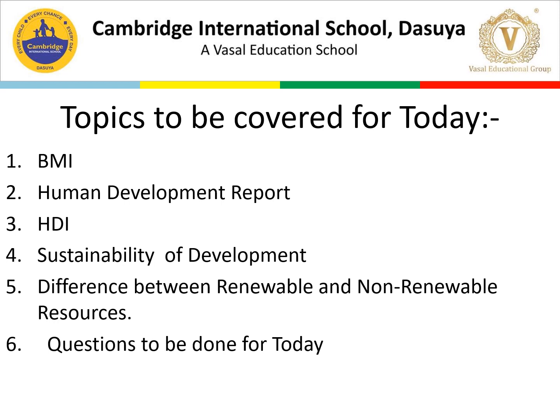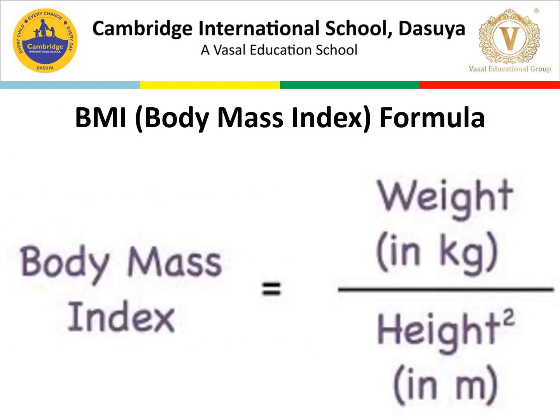Now we will move to the next slide. In the next slide, we will talk about BMI, body mass index. This topic is given in your book on page number 13. We have already done it in detail. How are we going to find out whether a person is undernourished, underweight or overweight?